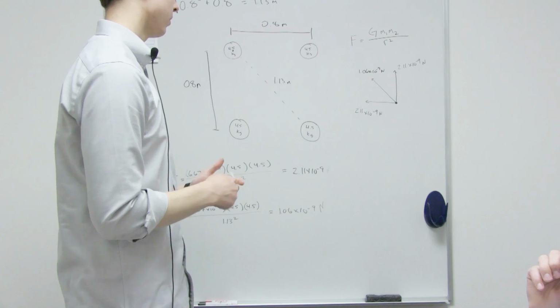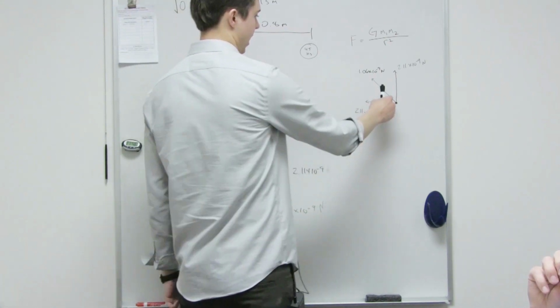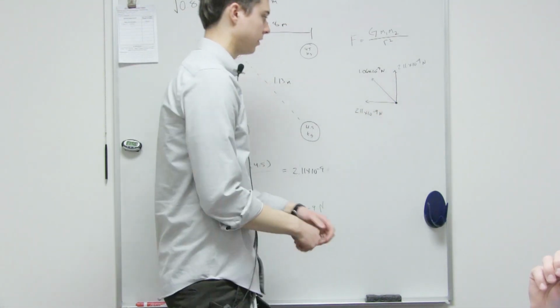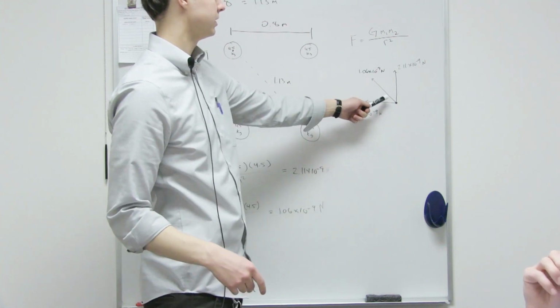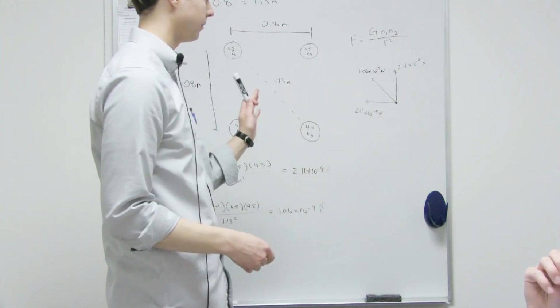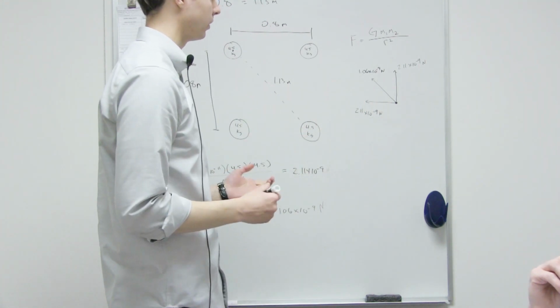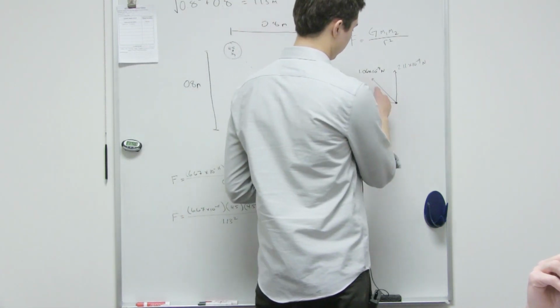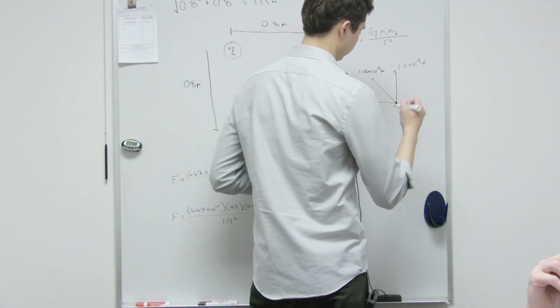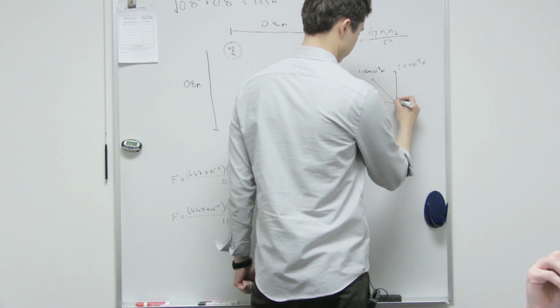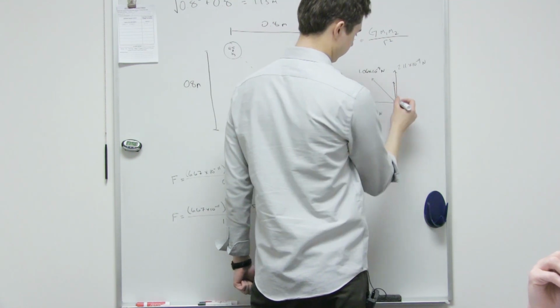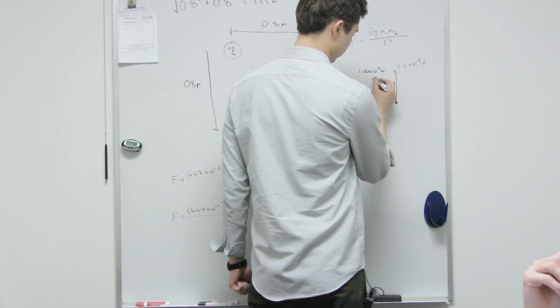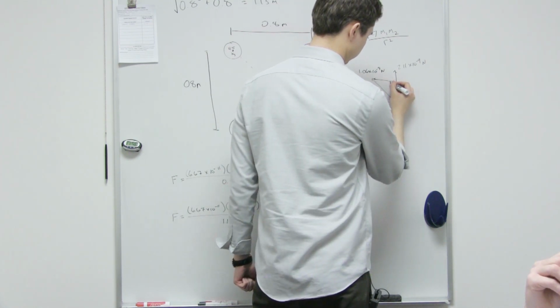Right, okay. So what we need to do is take this diagonal vector, and this is what we always do with diagonal vectors. If we have a vector that's on a slant, not lying right on an axis, we always want to split it into components. So we know that this vector is really just this vertical vector plus this horizontal vector.